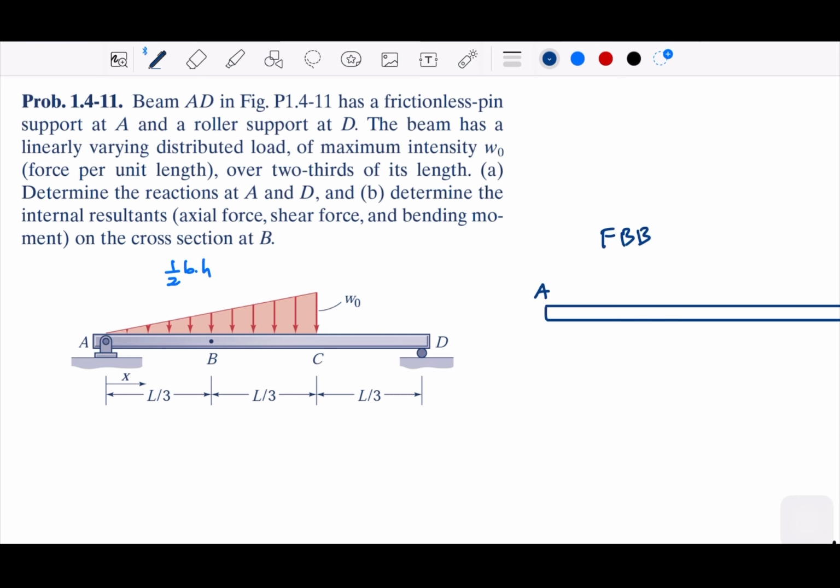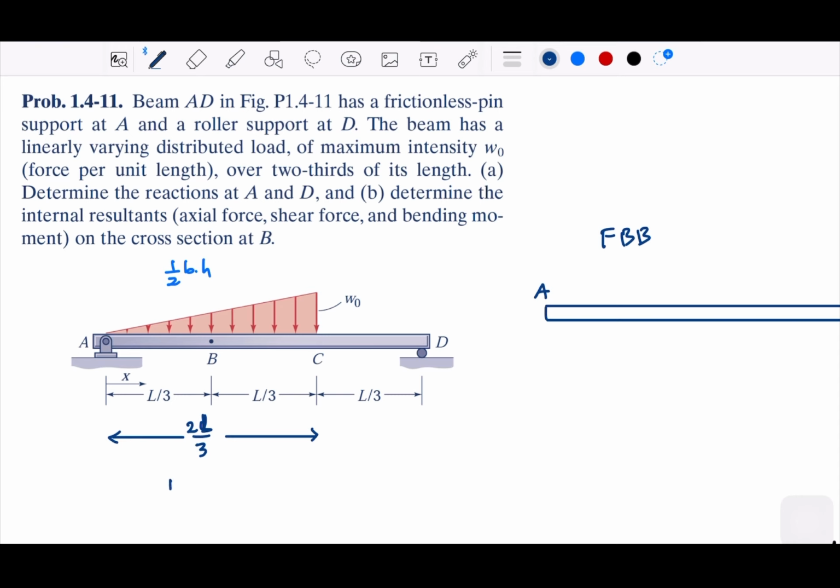So if this is 2L/3, this is the distance. So we are going to take 1/3.